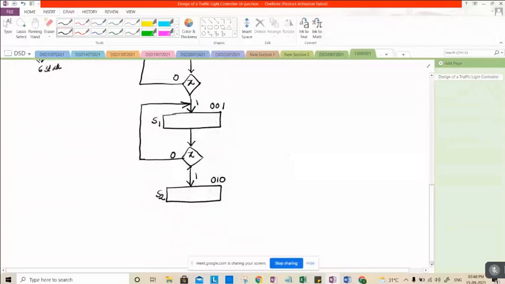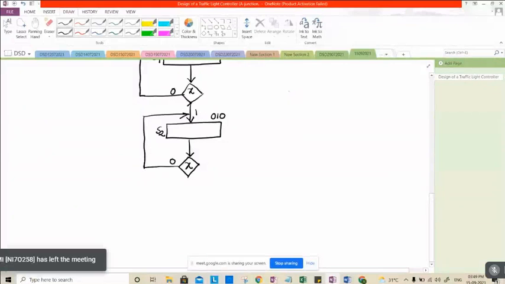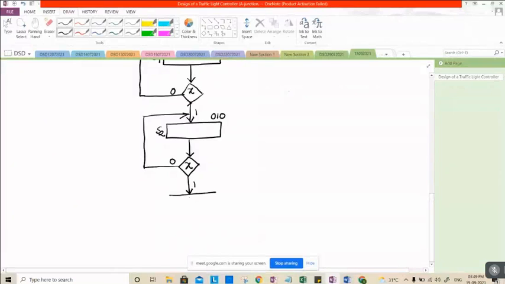Right. Next, again depending upon the input variable x value, if x is equal to 0, the same state. If x is equal to 1, please move to the next state, which is S3.